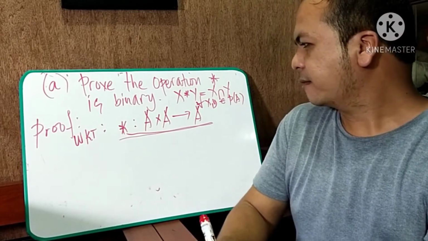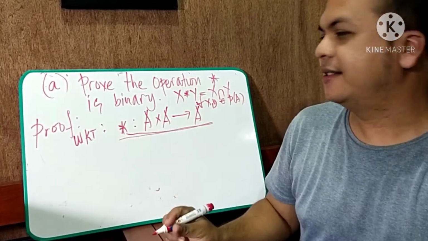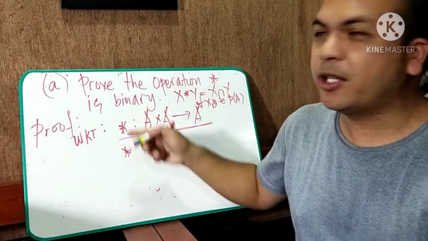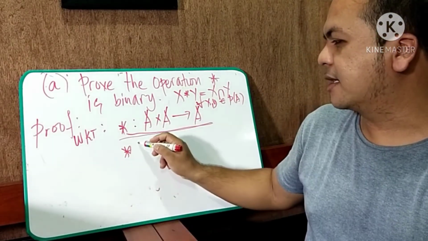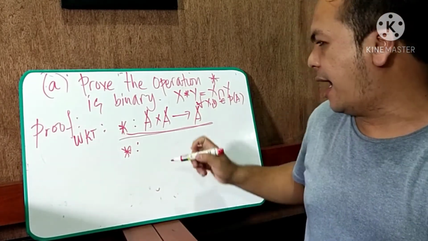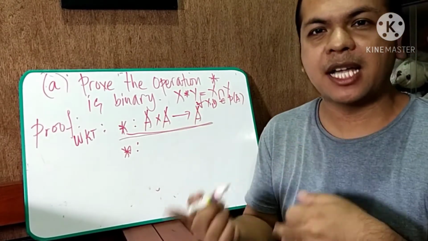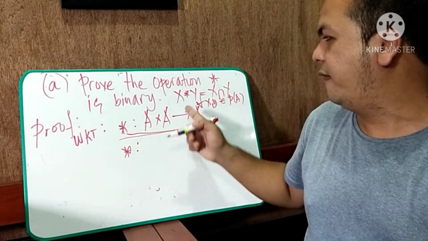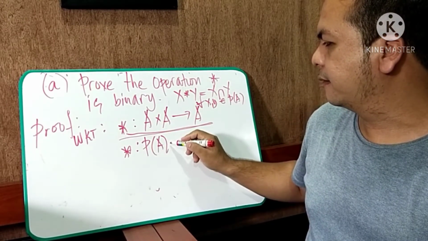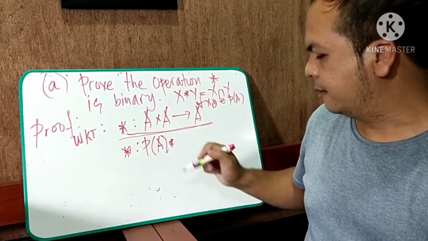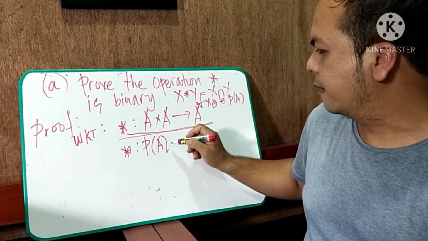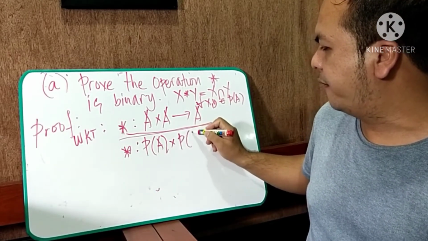Okay. Now, based from this definition, okay, so same notation for the operation star. So, expect natin na yung ating domain ay we have the cross product or the Cartesian product of our P of A, the cross product of P of A to itself.